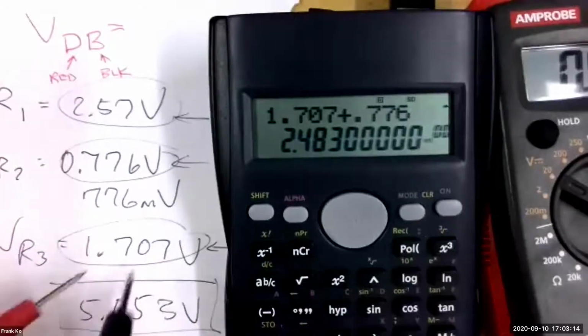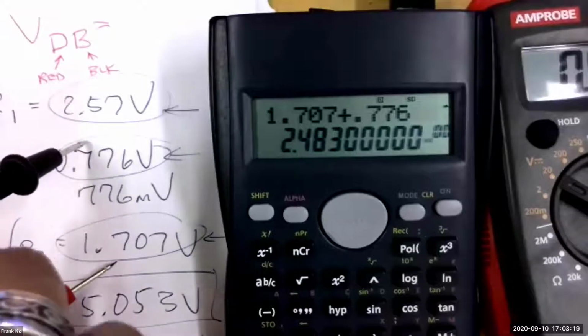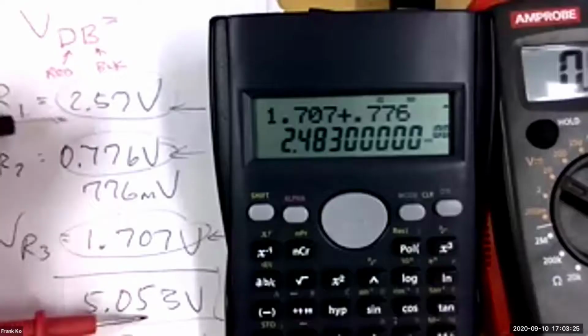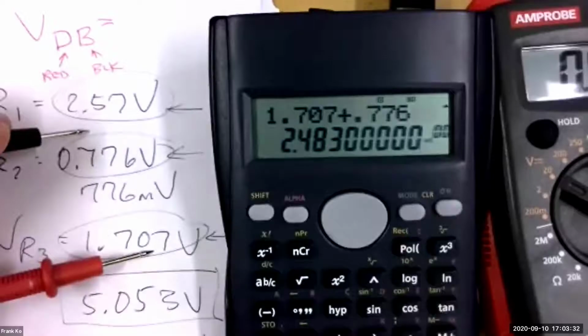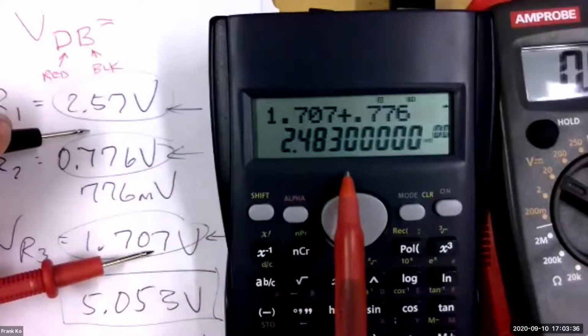Might, because the red probe is here, black probe is here. Jacqueline, what do you think? It's going to be negative, that value? Yes, I think so. Okay, so it might be this value, it might be the negative version of this value.